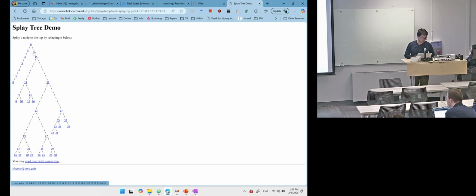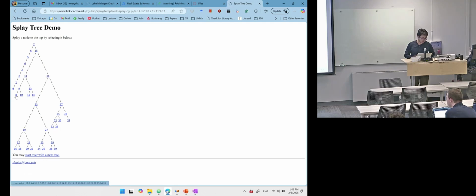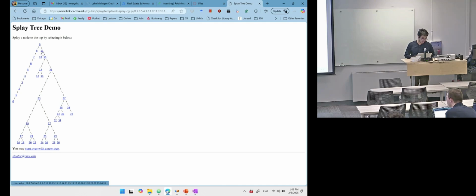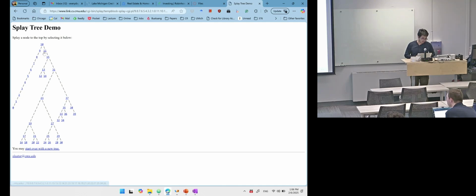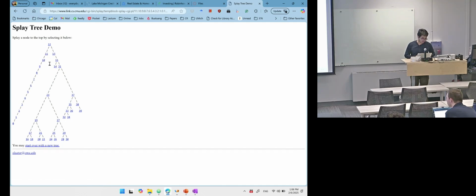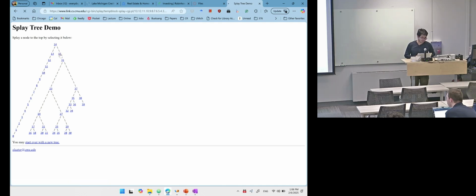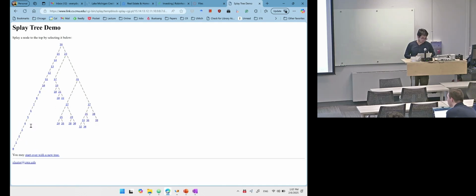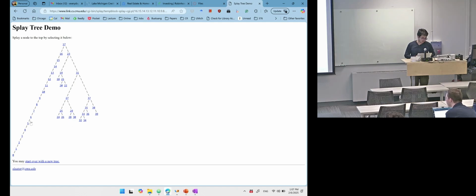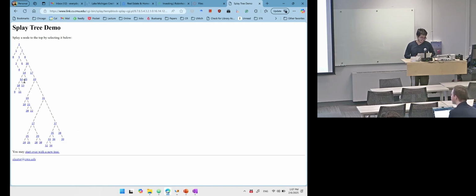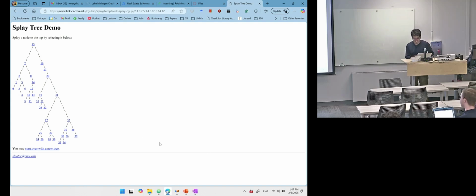For example, I just keep accessing from 1 to 0, from 0 to n. I can make it unbalanced like this. But you see, I need to make a lot of effort to make it unbalanced. If I do this, now it's balanced again. So it's pretty nice.